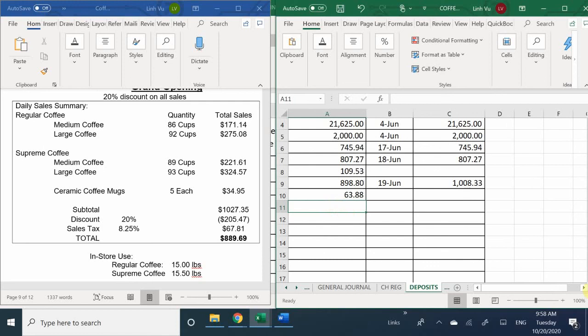So for how much was it? For a total of $889.69. What is my total deposit going to be? Because don't forget, we also received a check earlier that day.